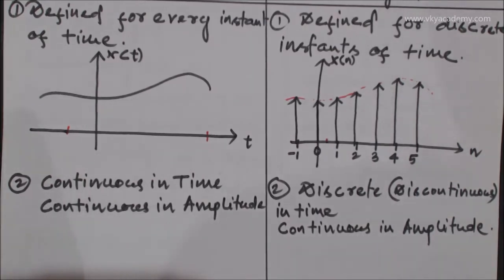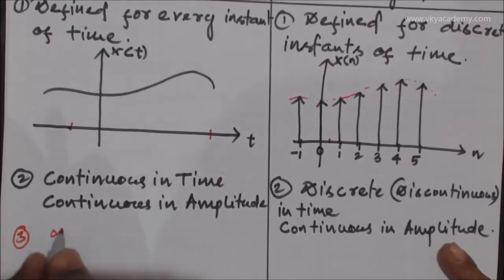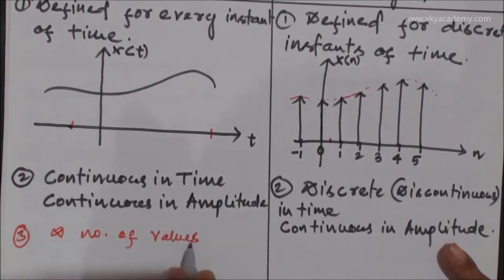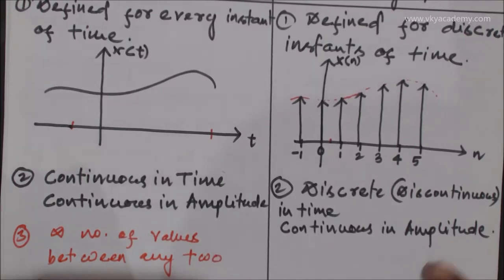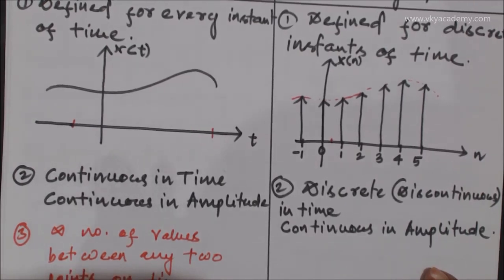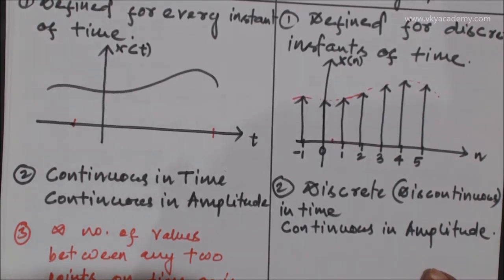In other way, we can say that a continuous time signal has infinite number of values between any two points on time axis as well as on amplitude axis.